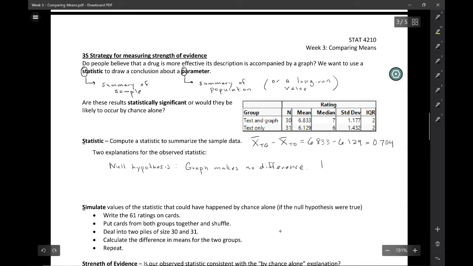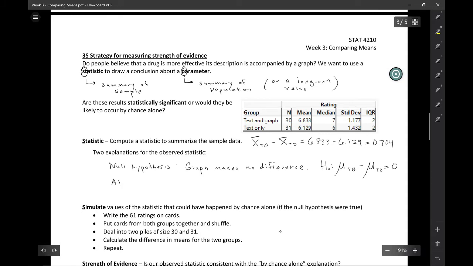And when we write this using symbols, we're going to use mu to represent the parameter. So the null hypothesis is that in the long run, the difference between the text and the graph group and the text only group is actually zero, right? That they have the same long run mean. It just came out a little bit uneven here because of the random assignment in the finite sample.